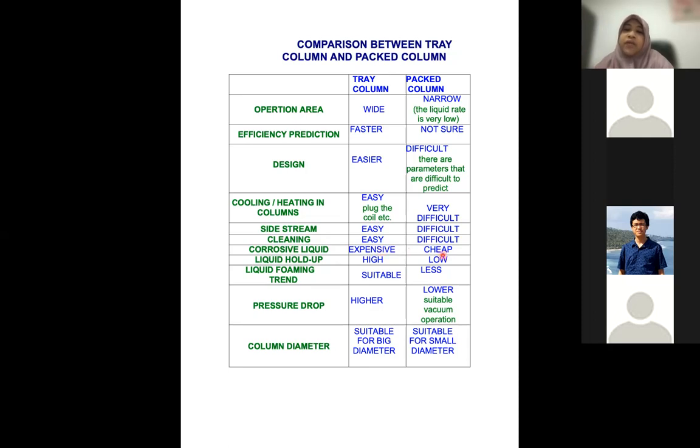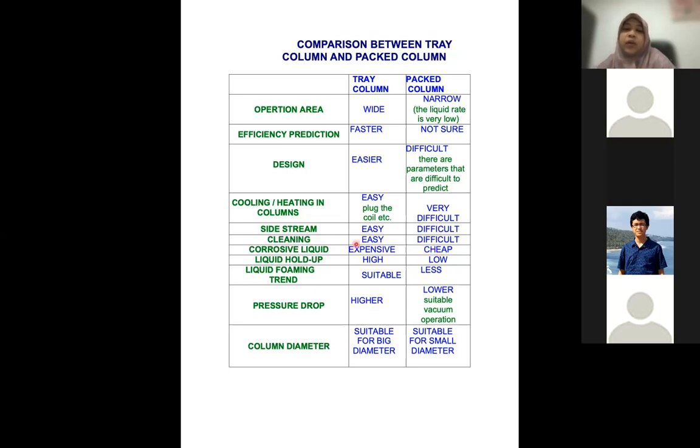But for the packed column, if there is a corrosive liquid, maybe only the small packing will be damaged. We can take the packing out and check which pieces are corroded, leave those out, or just add maybe half a kilo or a few more kilos of new packing, because some of the packing is damaged.